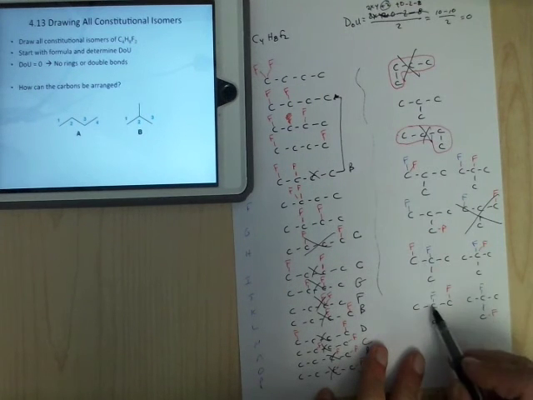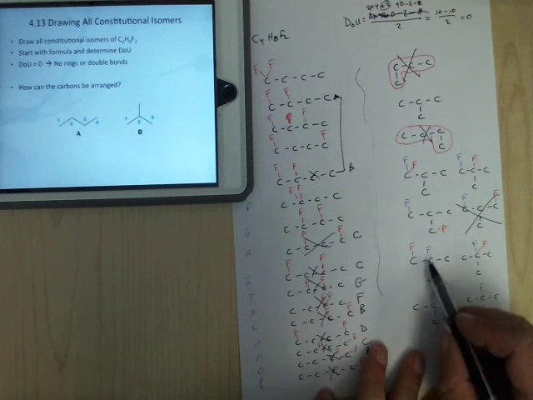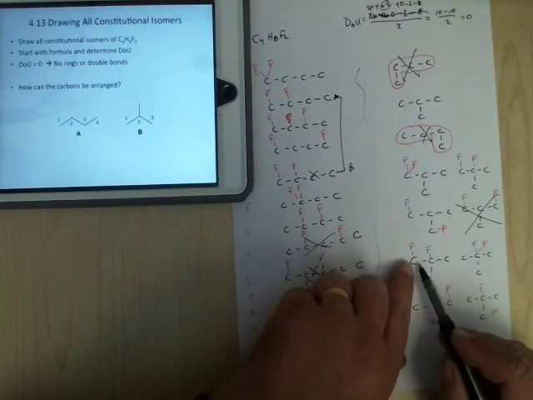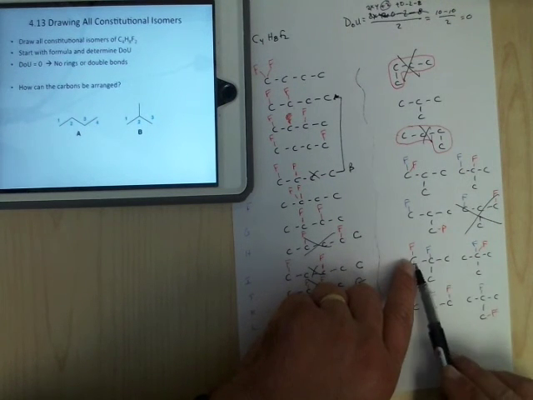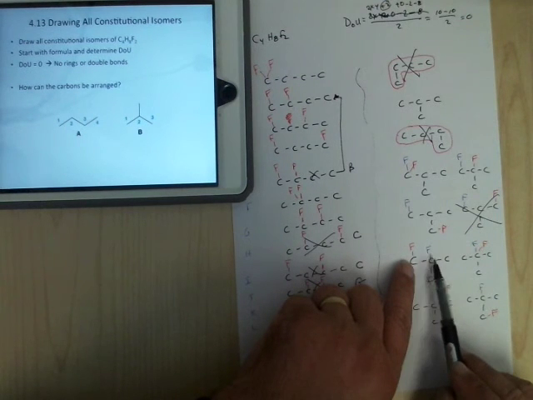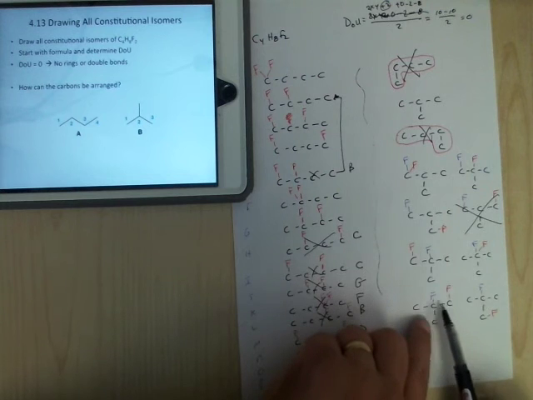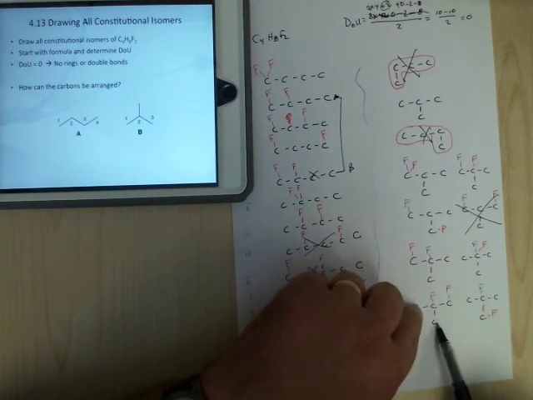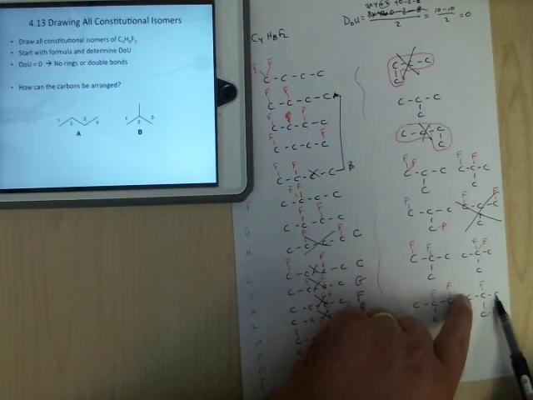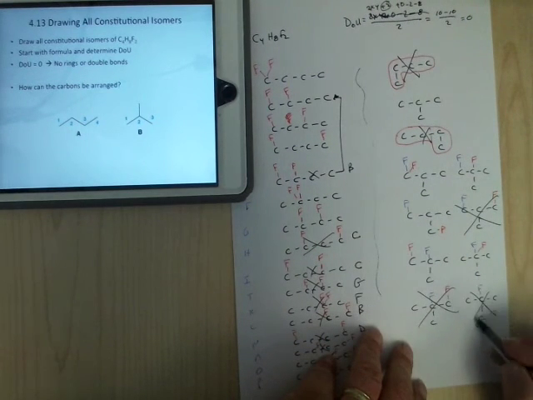All three of these are the same. So here, fluorine 1, fluorine, carbon 1, carbon 2, carbon 1, carbon 2, and then off this one we have 2 methyl groups. So these aren't needed. This one, however, is unique.